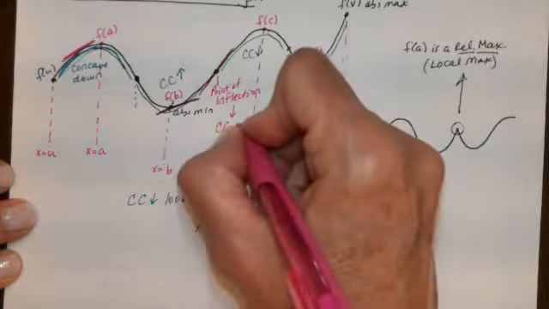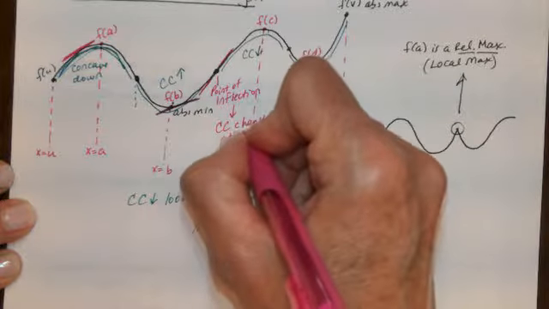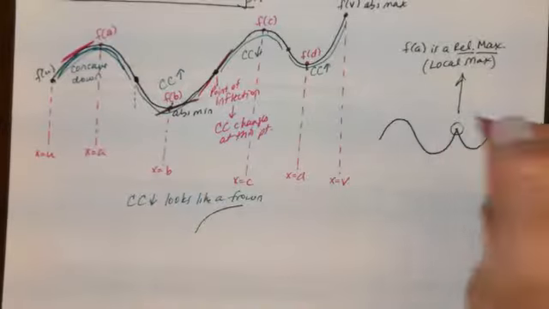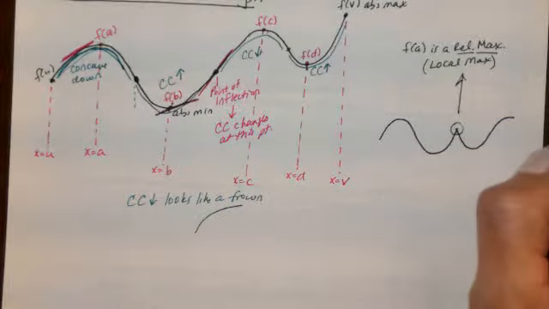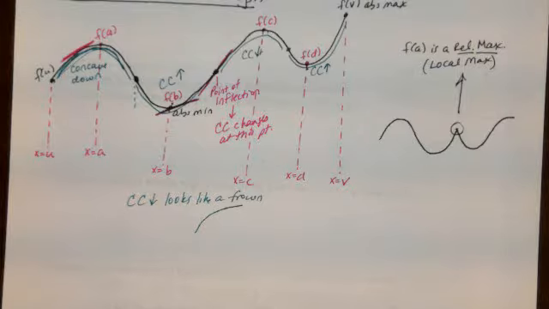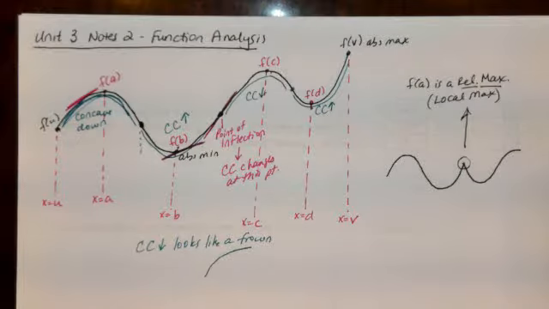So concavity changes at that point. All right? Okay, so I think that may be all of our terms. So that's just like a quick visual on what we're going to be doing this unit. Now let's take a look at actually how we figure things out.